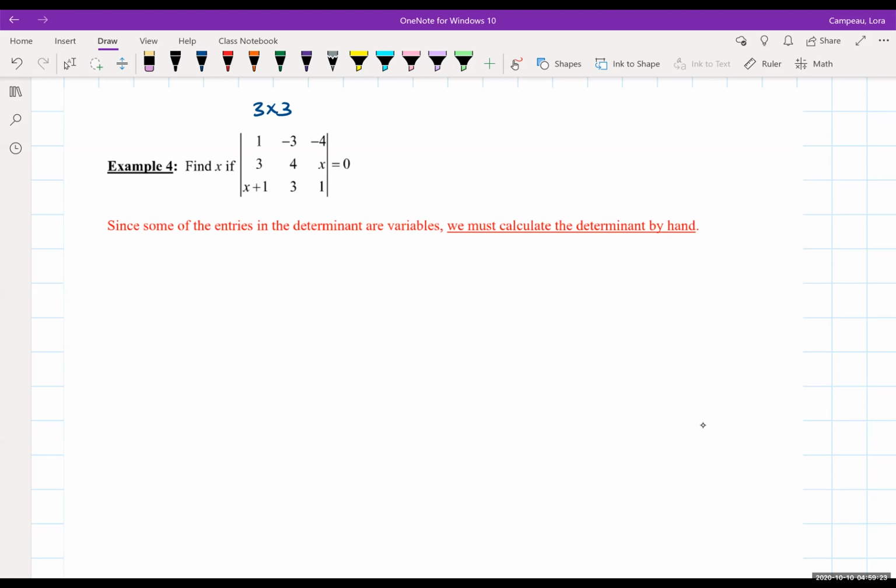So let's do that. If I'm going through this, the first thing I'm going to understand is, if I am using expansion by minors, I am going to look at the array of signs, or the corresponding array of signs. And what that gives me is the same dimensions, a 3x3 matrix. The top left corner is plus, and everything alternates from there.